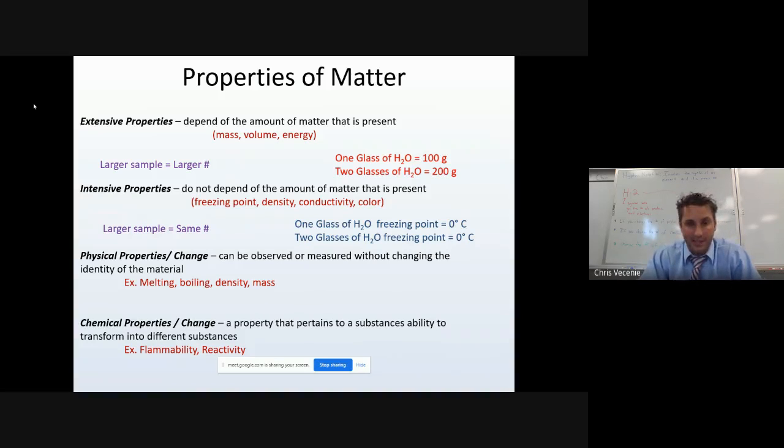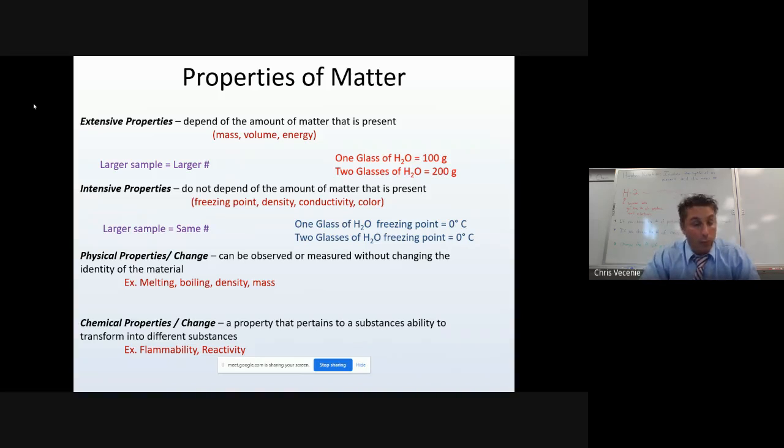I can test if my skin is flammable, but if it is, I'm going to change my skin cells into a burnt mess that I can't get back. That's a chemical property. It's not simply describing what it looks like; it's describing how it will behave, or how it's going to react with something else.